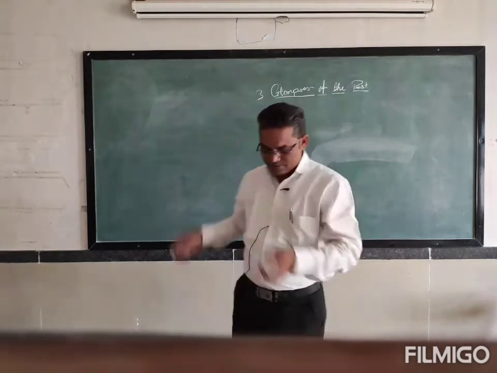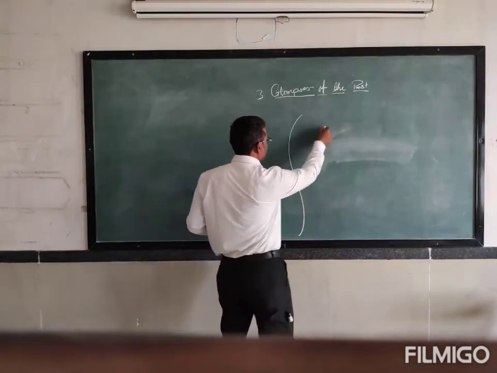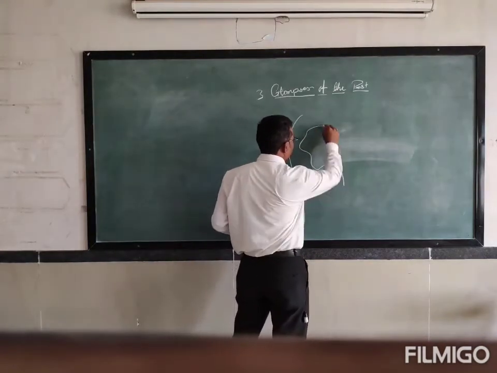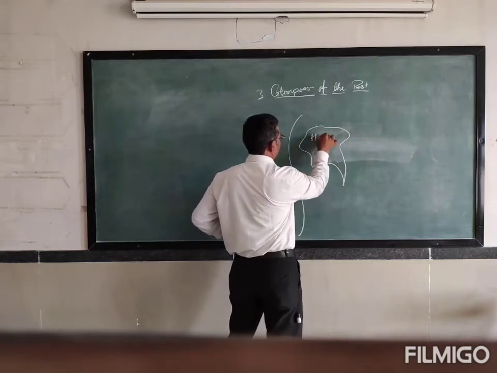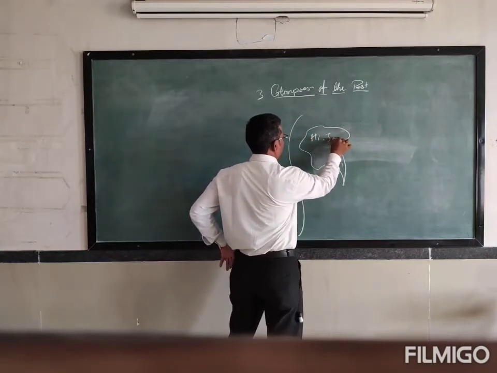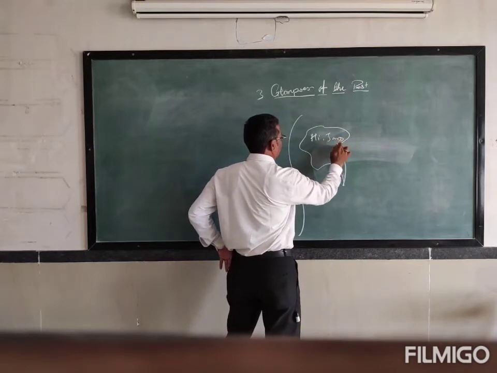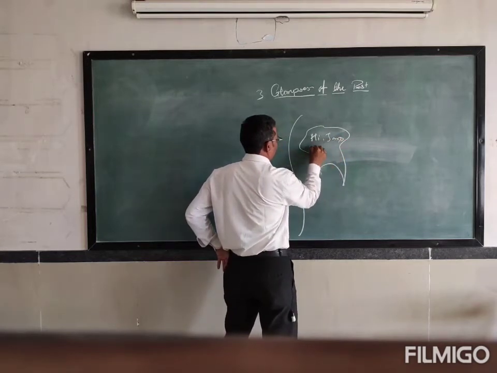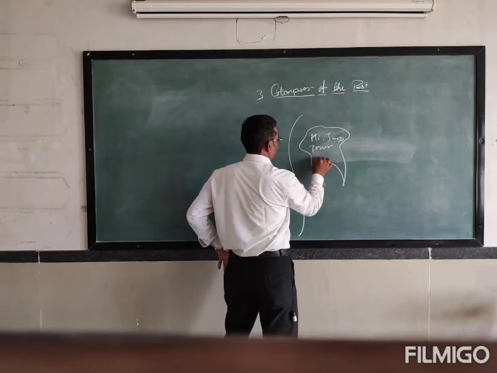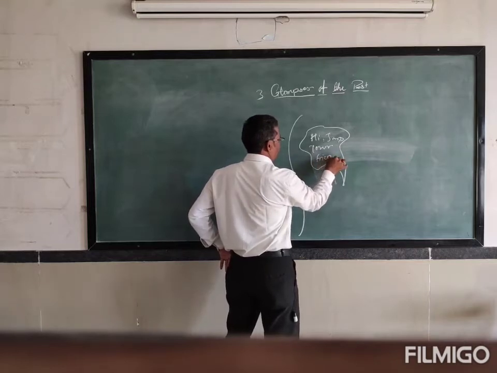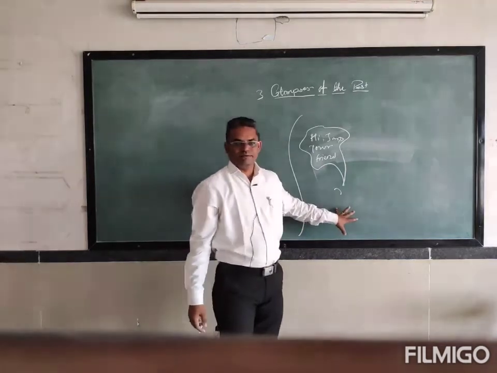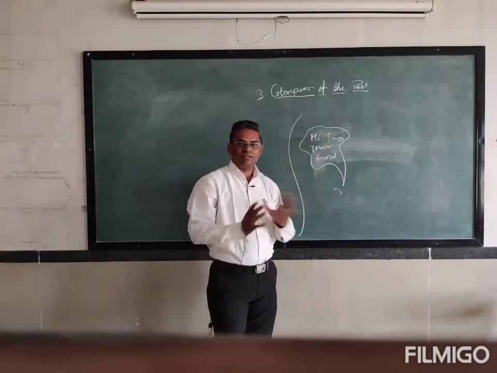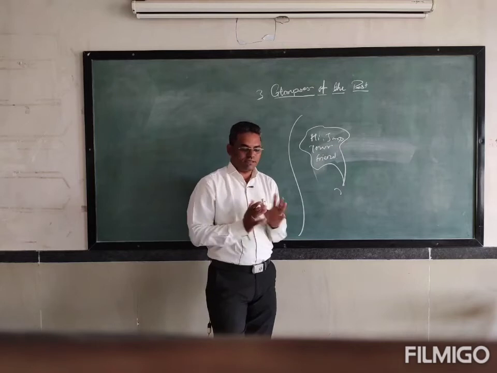So there is a cloud behind the picture like this, and here some dialogues are written. Hi, I am your friend. Somebody talks, some picture is here, he talks. So in this format this is given.